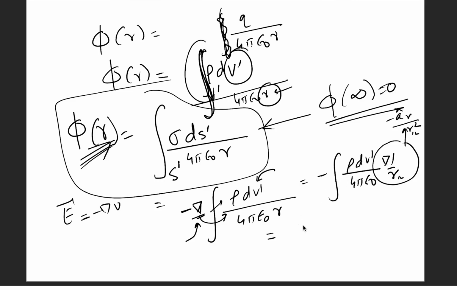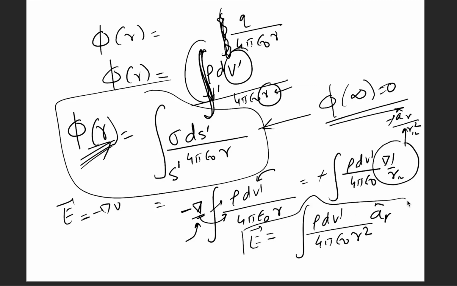So the minus sign gets cancelled when I put in this value, and we get rho dv dash over 4 pi epsilon naught r square, times a r. This is the expression for electric field which we already know. So in this way we have completed the full circle and derived the electric field from the potential.